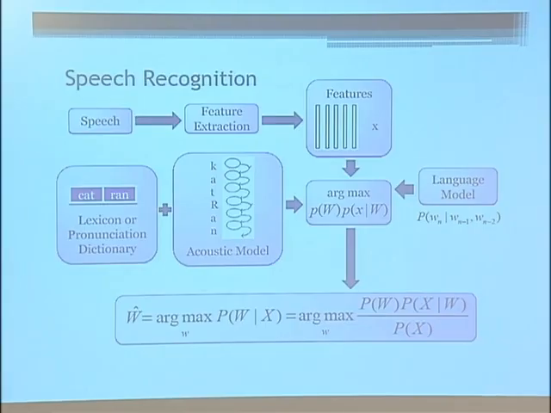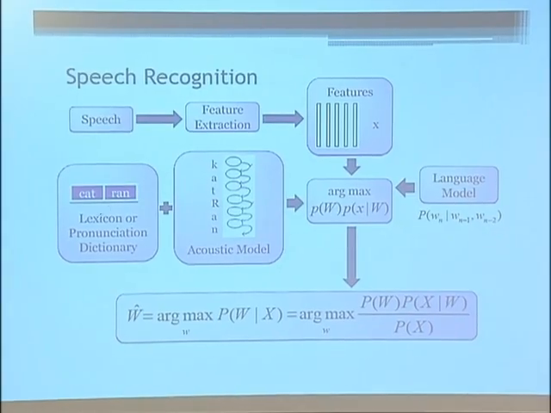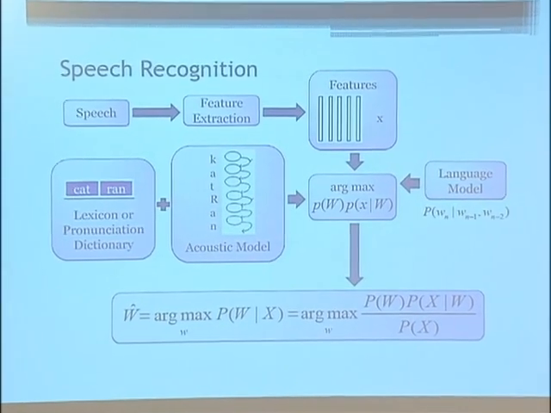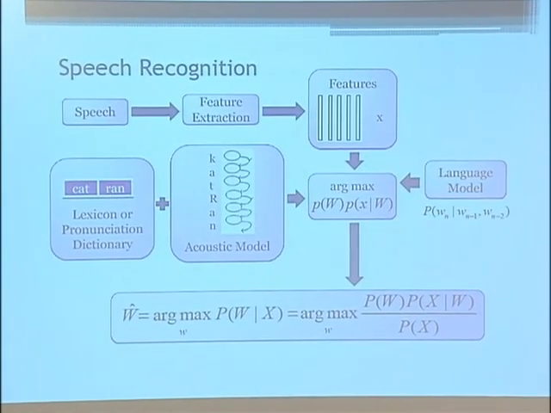And all of these combine to give you the final output. Over here, the lexicon is a representation of the phonetics. It's essentially like a lookup table. So here cat has the phonetics of K AE T, and ran has a different set of phonetic symbols, and those combine to string together your models which are used for recognition.